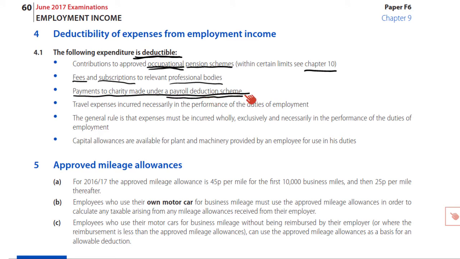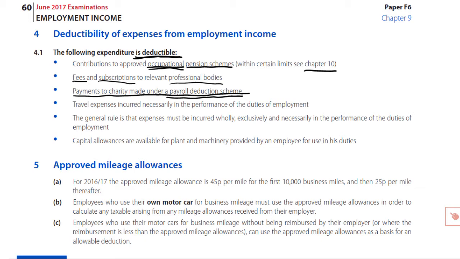So whereas one way by which anybody could give tax efficiently to charity was the gift aid scheme, if you are an employee and if your employer operates the payroll deduction scheme, here is another way, a very simple way. You tell your employer that you would like, let's pick a number at random, £500 of your gross pay to be given over to a charity or charities of your choice.